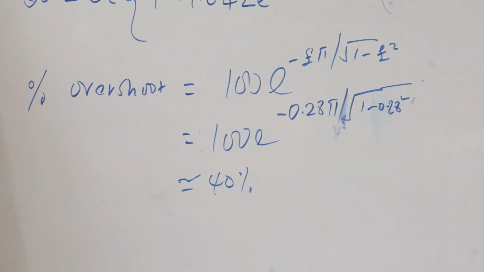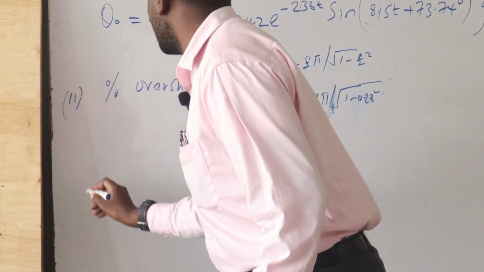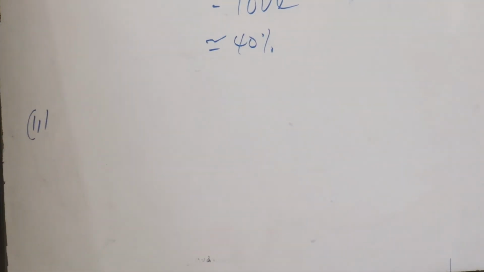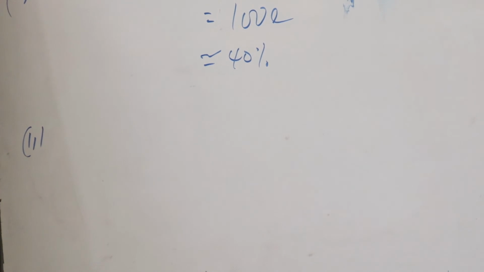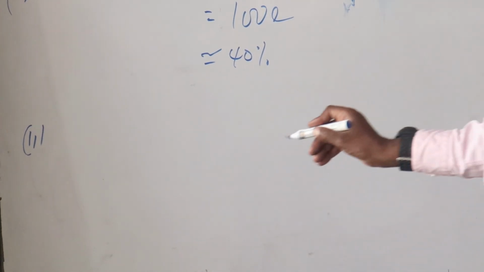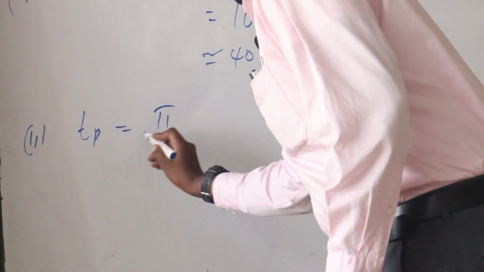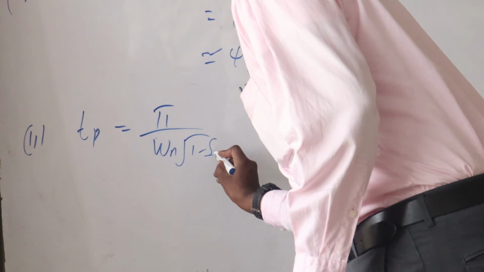Then after getting the percentage overshoot, which is the second part of what we were asked, we can now go ahead and get what we refer to as TP, the time taken to reach the overshoot, the peak time. TP is given by pi all over omega n root of 1 minus zeta squared.